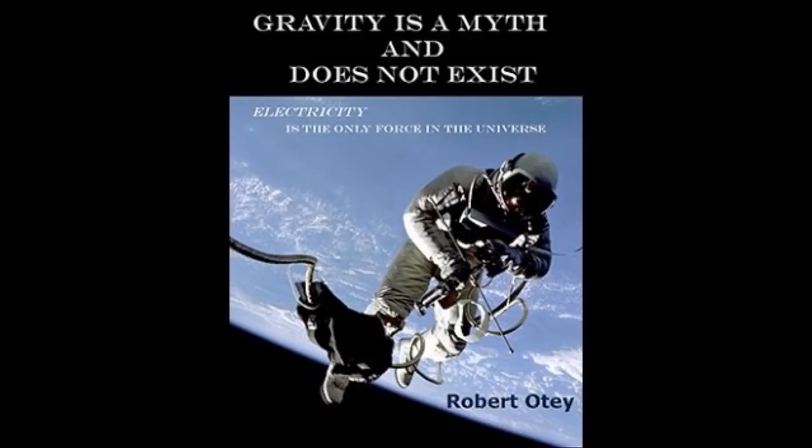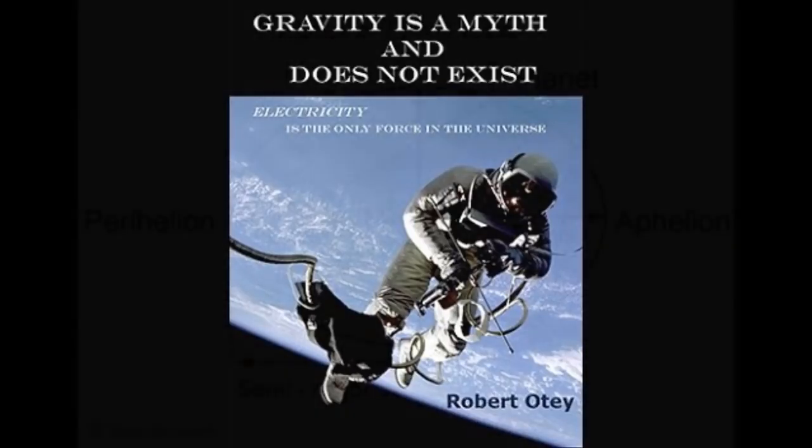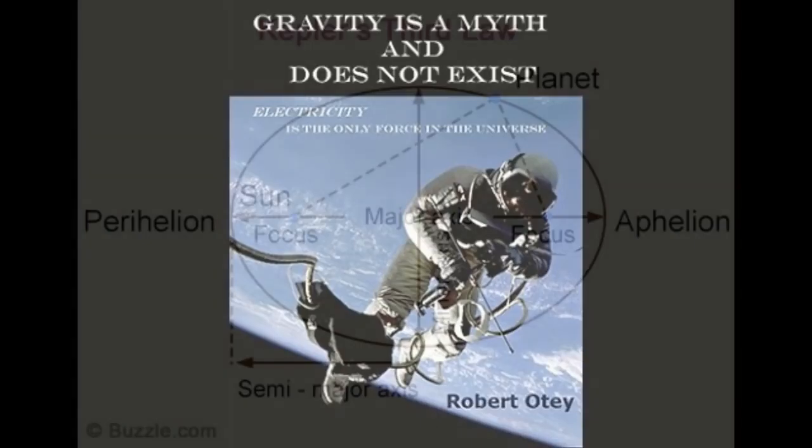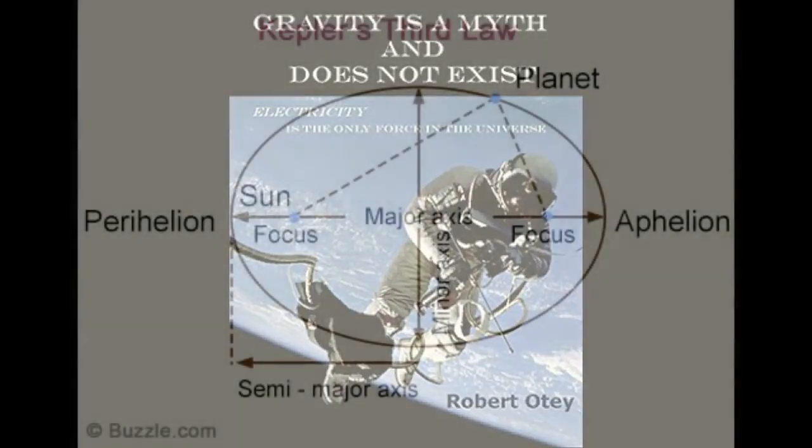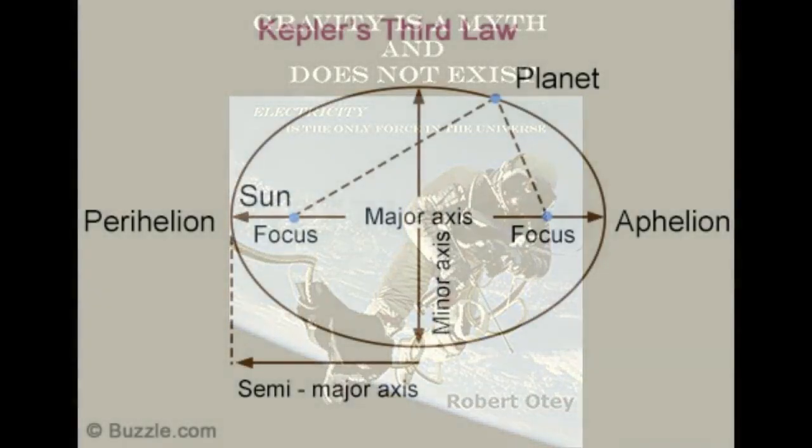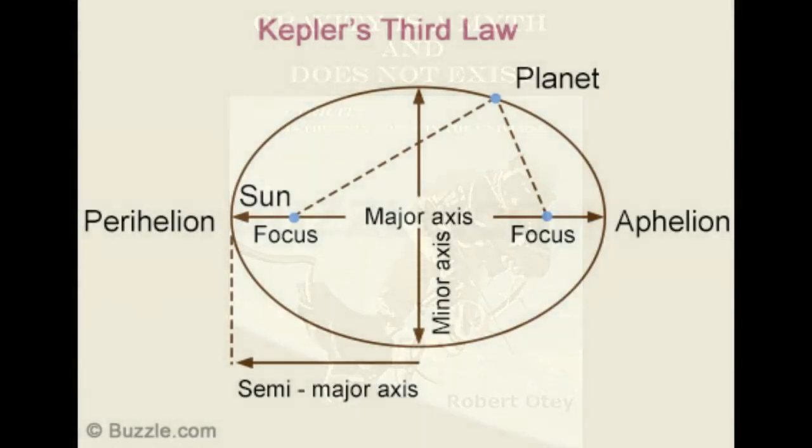Okay, so I'm going to pause here and rephrase what that means. Kepler's three laws on planetary motion were done by mathematical observations, observing nature as it is, observing the stars and the planets as they happen, and doing mathematical equations.